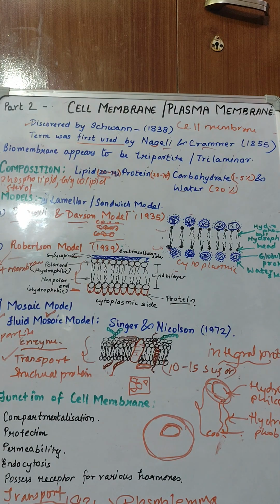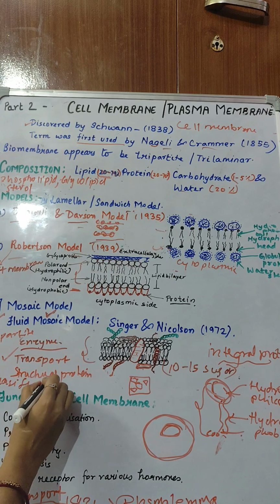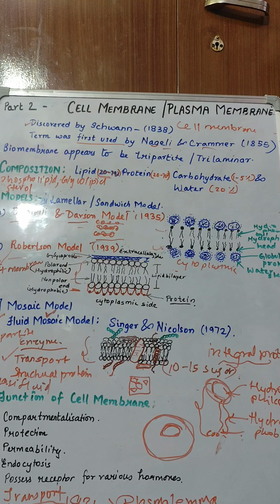And then Singer and Nicholson also suggested that in this model the membrane is quasi fluid in structure. Okay, it is not a solid, it has some kind of movement within. Okay, they have a flip-flop movement.